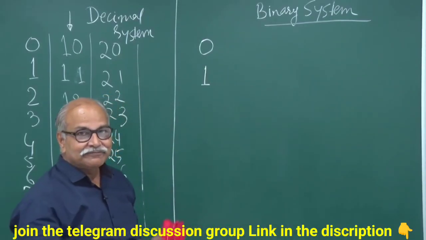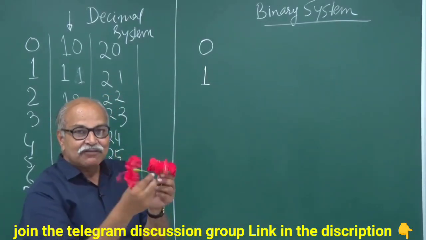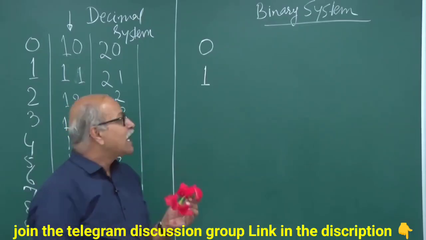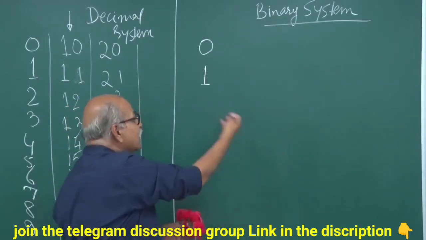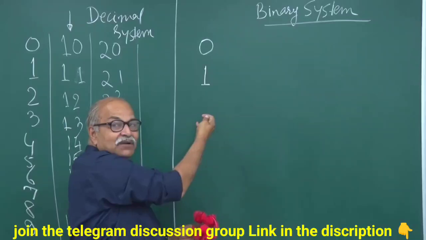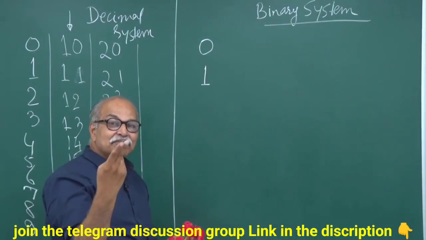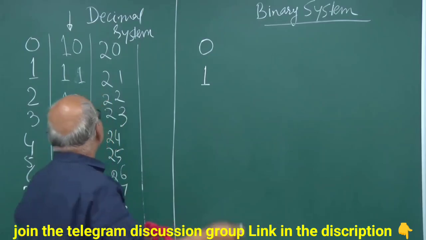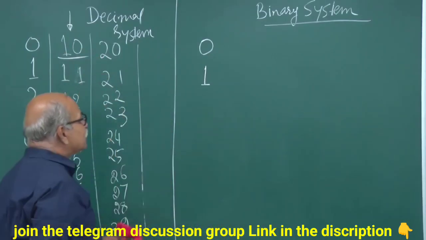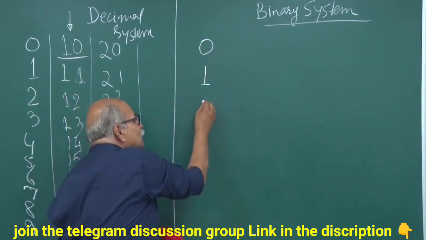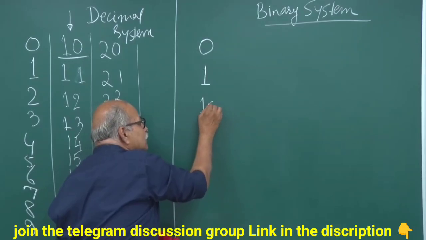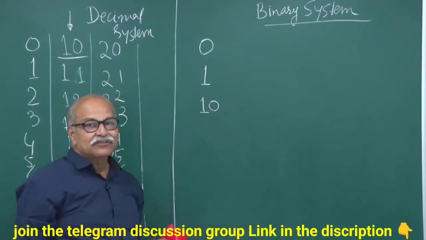But what if I add one more flower? Then I have to go for the next number. I do not have next symbol, so I have to go for 2 digit number, and when I go to 2 digit number, what I do? I am to use only these 2, and that will be 1 0, like this.